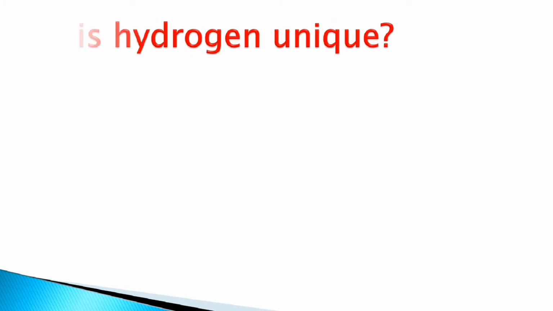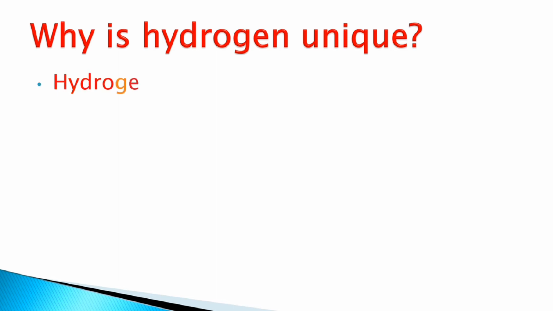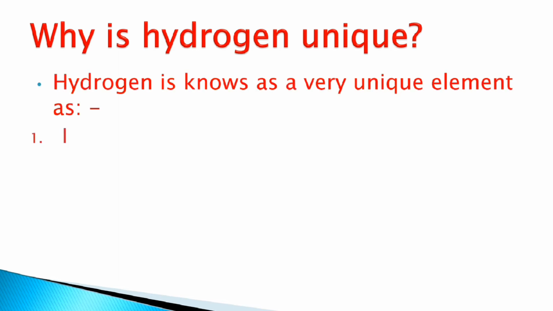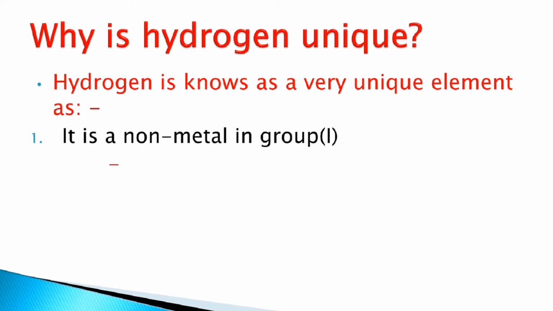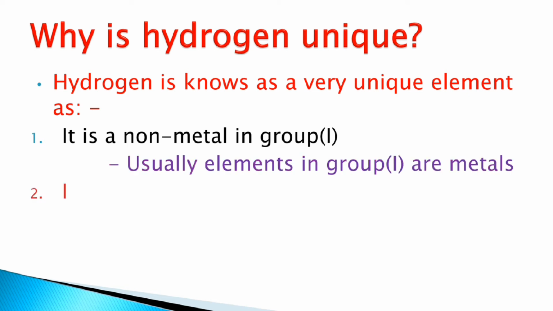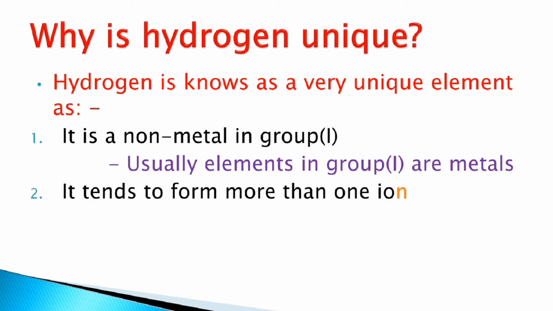Now we are going to see why hydrogen is unique. Hydrogen is known as a very unique element as it is a non-metal in group 1. Usually elements in group 1 are metals. It tends to form more than one ion.